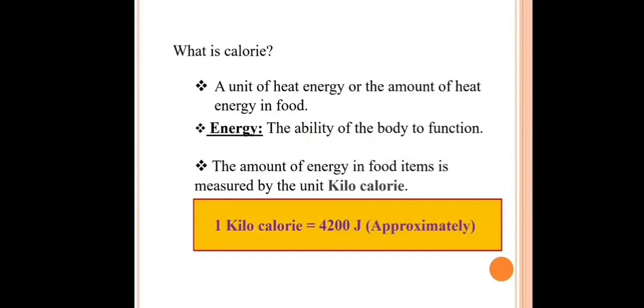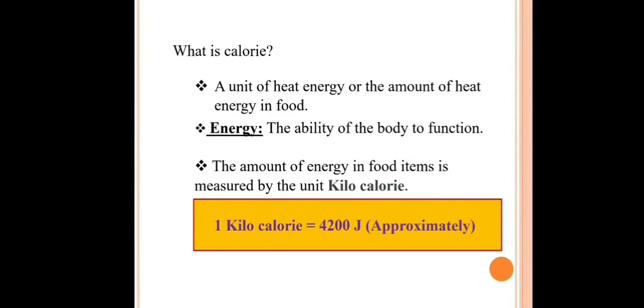Next, we'll see about calorie. As we know, the CGS unit of heat is calorie. So calorie is the amount of heat energy in food. Actually, we need energy for every work. We need energy to do anything.